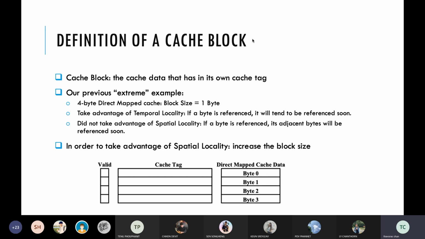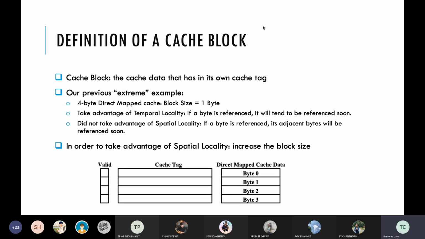Just remember that one block contains more data, and the data inside is based on the memory address type. Because normally we have word addressable and byte addressable.